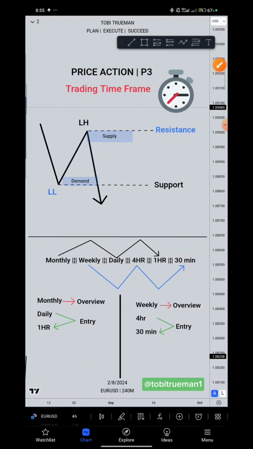So before we go into that, we know this already. A little recap: our trading is all about up and down movements. Down, up, down. That's just how it is. So we are trying to make sense of this price action movement.